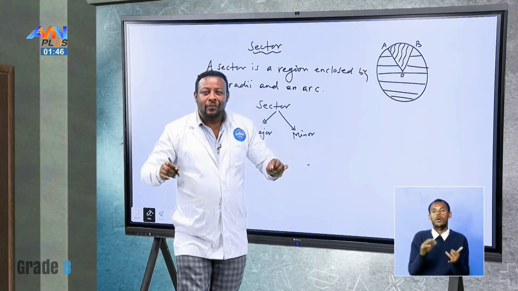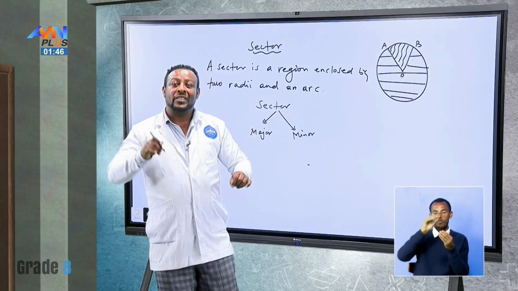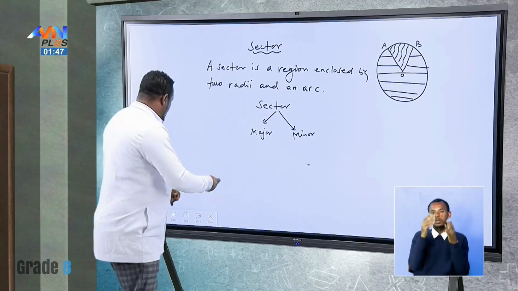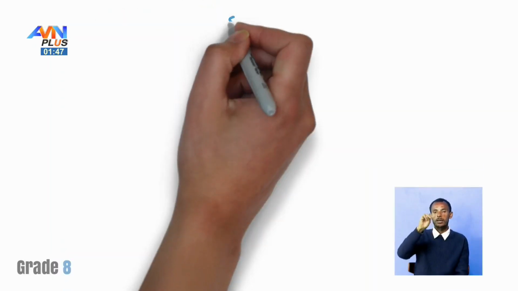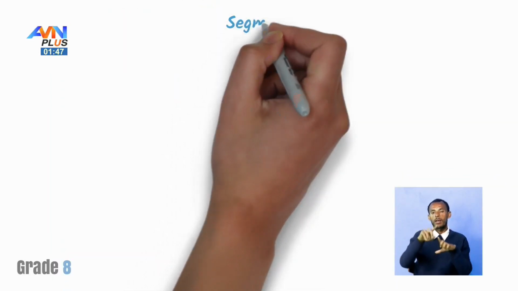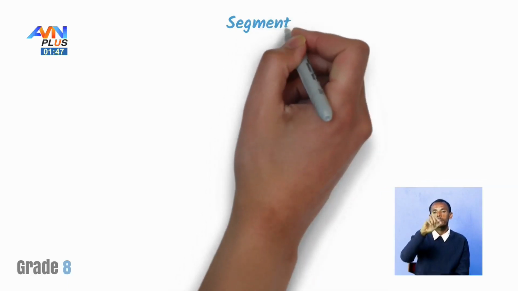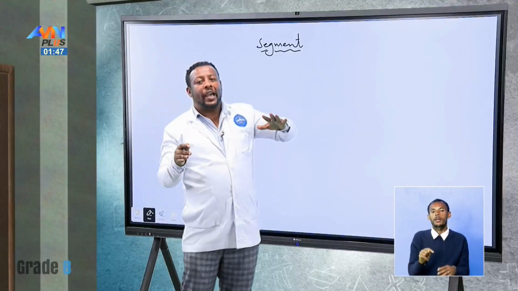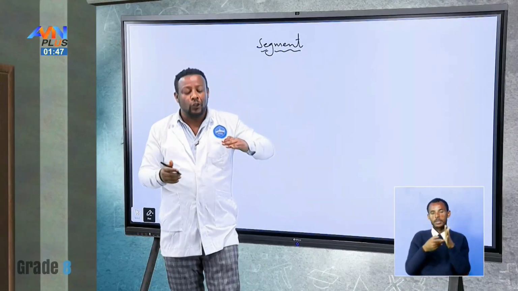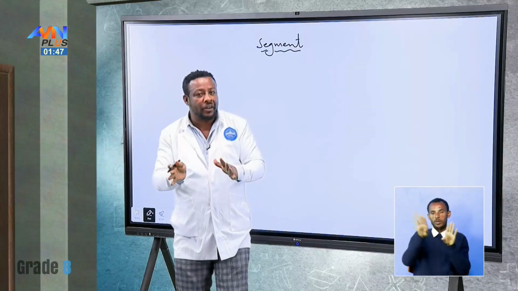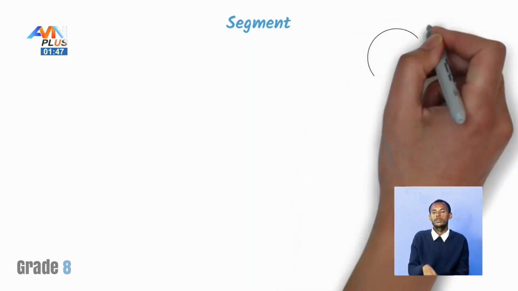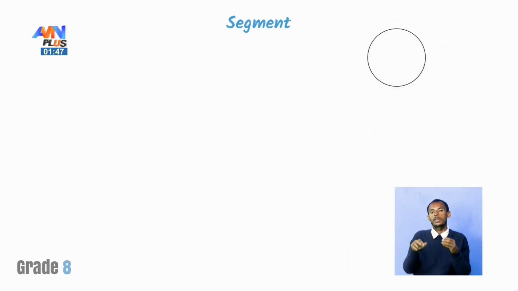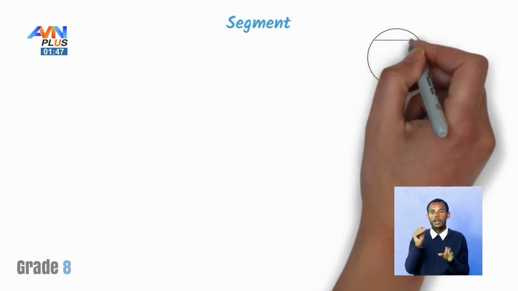Now we are left with one more terminology for today, which is the segment of a circle. Now, a segment of a circle is a region enclosed by a chord and an arc. Okay, look, a segment is a region enclosed by a chord and an arc.